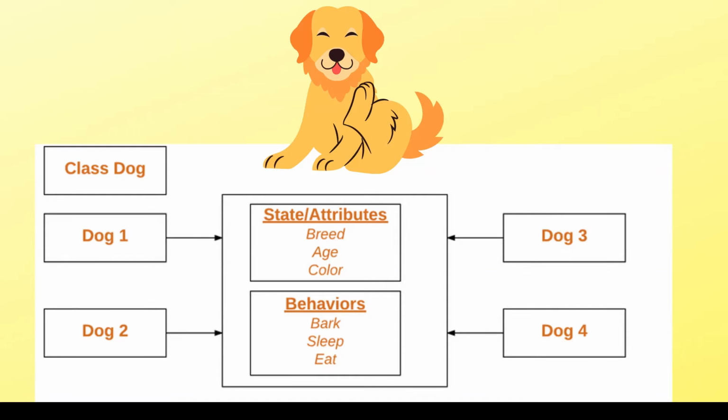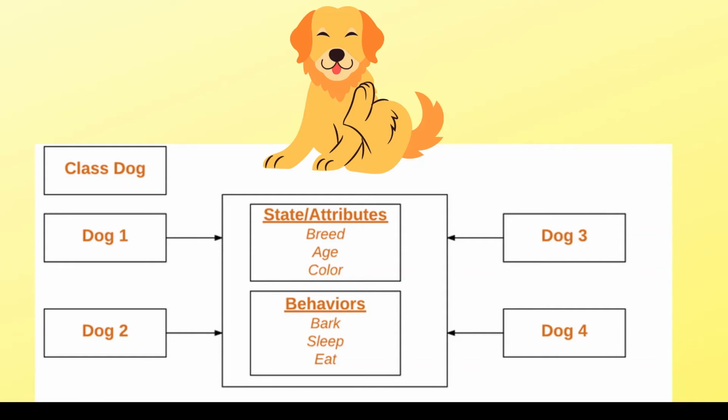Like we have one ideal template class for dog, and we can make different objects using that class dog, like we made here dog 1, dog 2, dog 3 and dog 4.